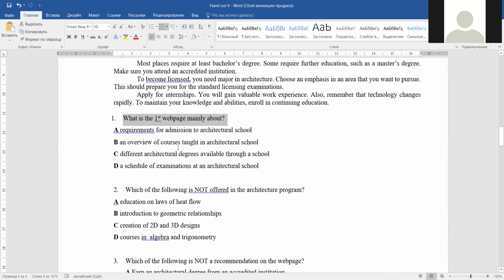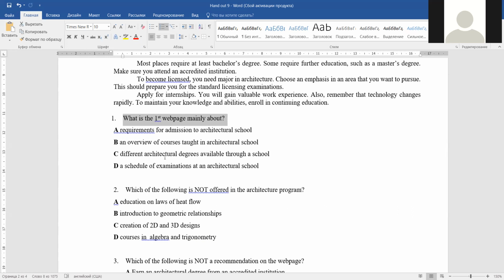Education first, about architectural skills, what they include, like math, algebra, trigonometry. So I think the second is an overview of courses taught in architectural school.